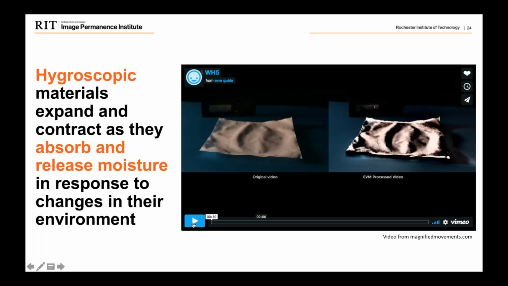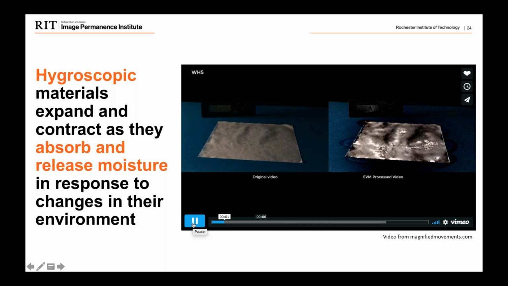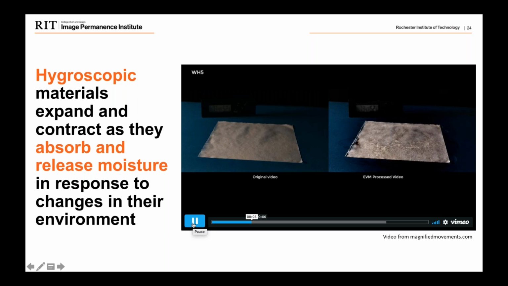So hopefully the video works. I just wanted to take a step back and explain again what we're concerned about with moisture equilibration. Hygroscopic materials are materials that respond to changes in moisture content. As you can see in this time-lapse video, they're expanding and contracting as they absorb and release moisture.